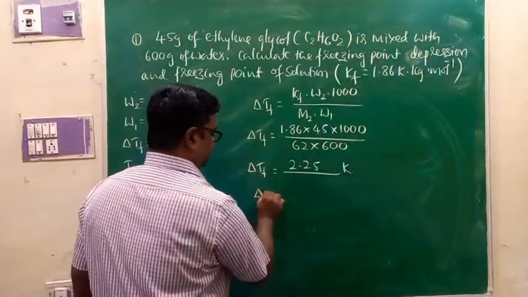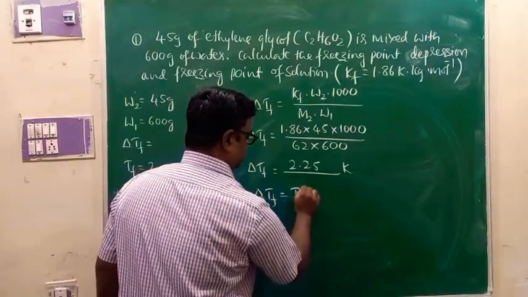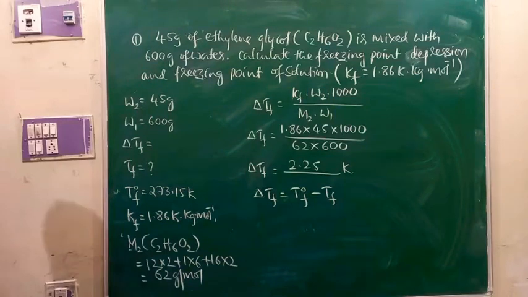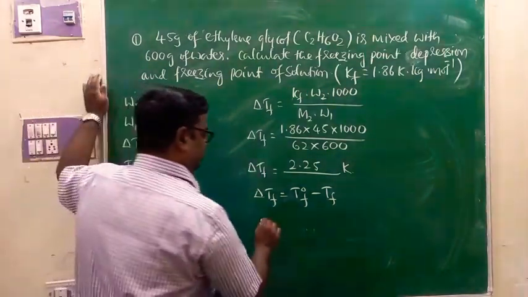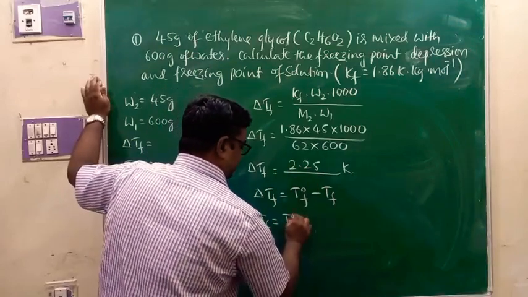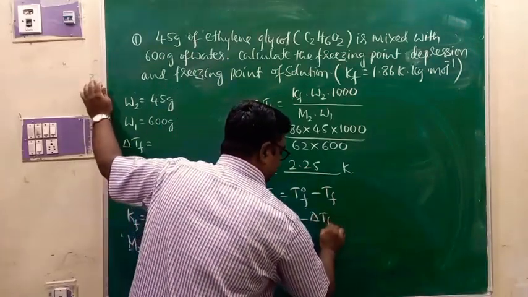You know, delta TF is equal to T naught F minus TF, freezing point of solvent minus freezing point of solution. Therefore TF equals TF naught minus delta TF.